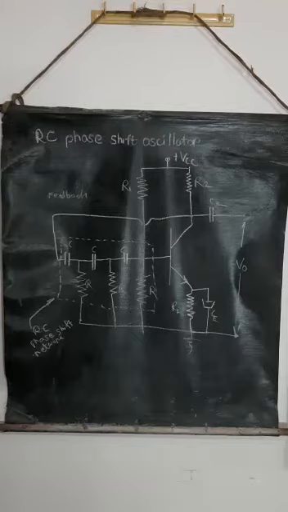Now circuit action, you can see how the circuit works. The circuit is set into oscillation by random variation of base current.